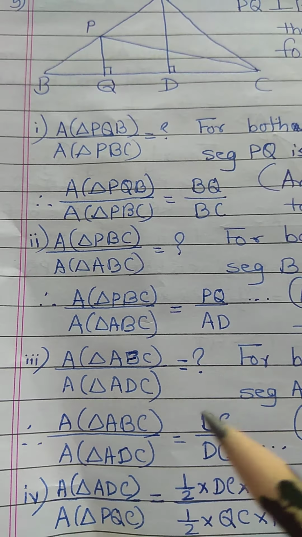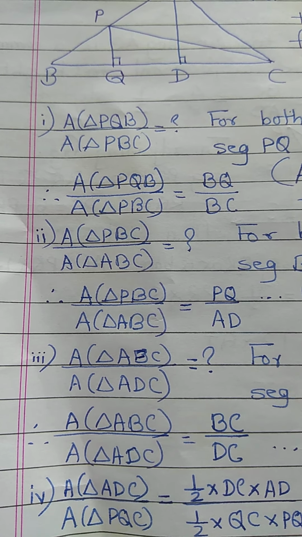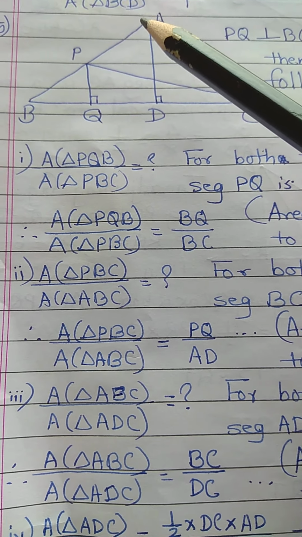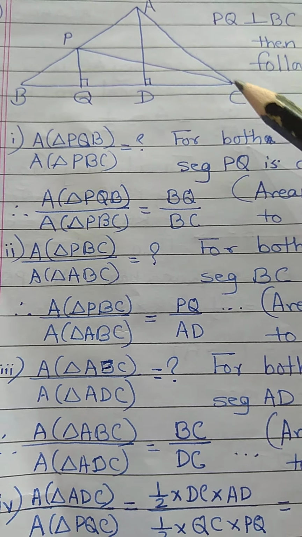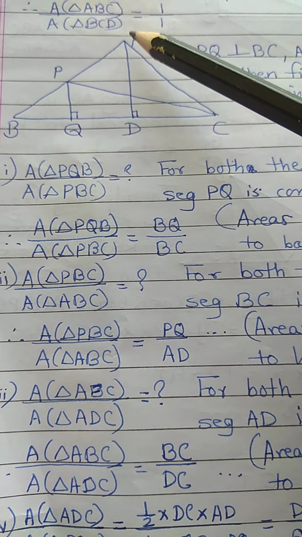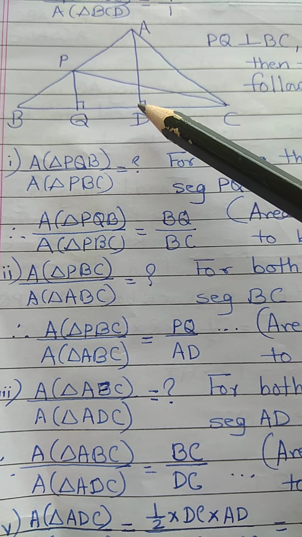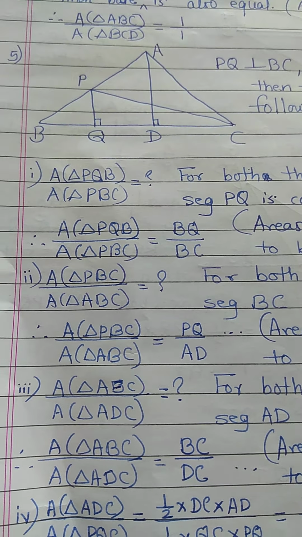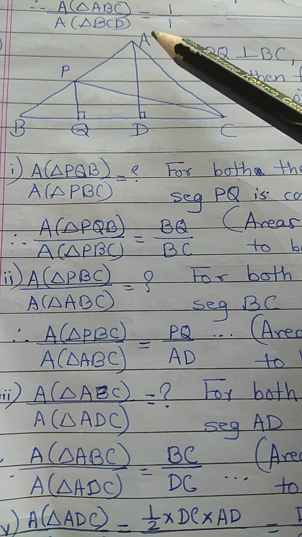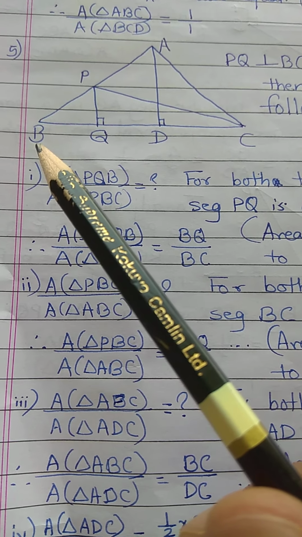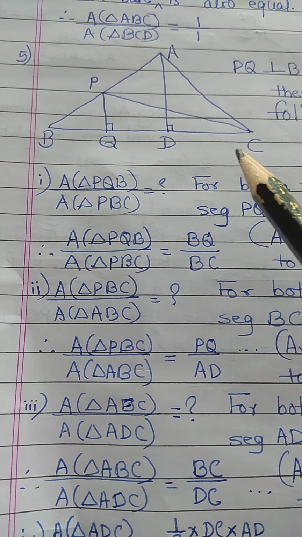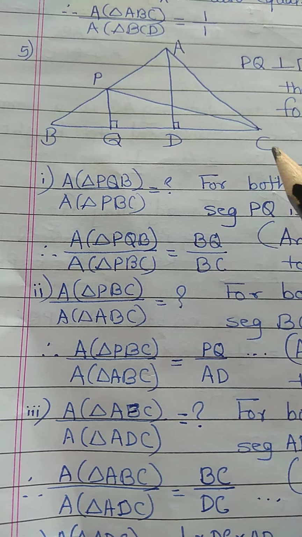Roman 3, area of triangle ABC upon area of triangle ADC. See here, ABC, the greatest triangle, and ADC. For ABC and this ADC, segment AD is the common height, and therefore the ratio of triangle ABC and triangle ADC should be equal to the ratio of their corresponding bases, that is, length BC upon length DC.